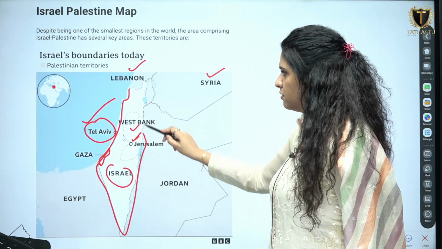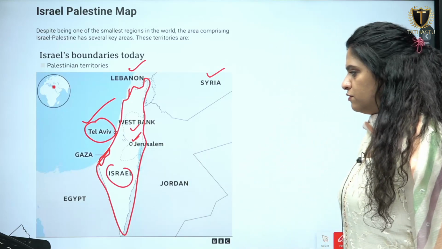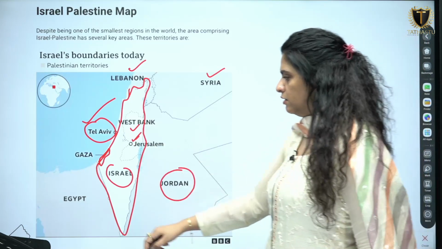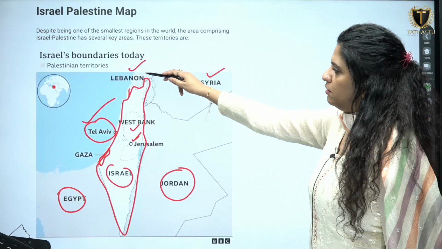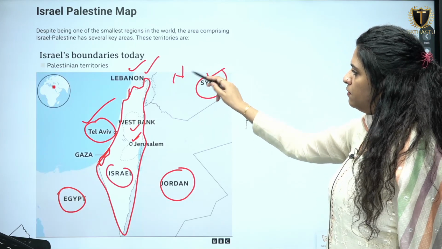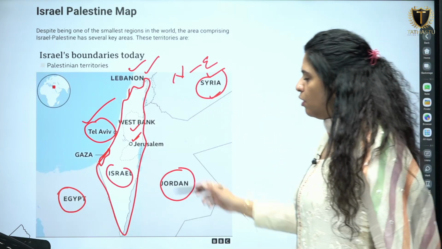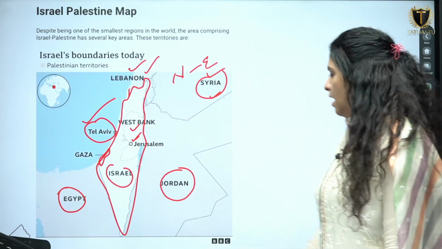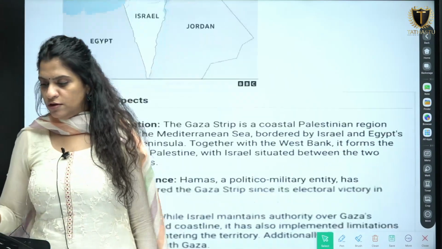Okay, this is Israel and Tel Aviv. This is the capital of Israel. Jordan on the east side, on the west side is Egypt, and there is Lebanon, and on the north east area this is Syria. Okay, so this is how the region looks like, and you have to remember this map very carefully because this is mostly asked in the exam.